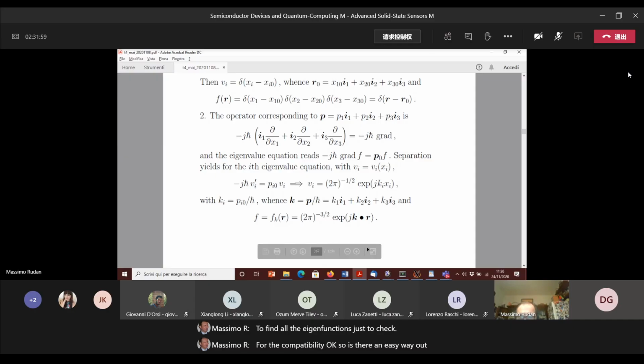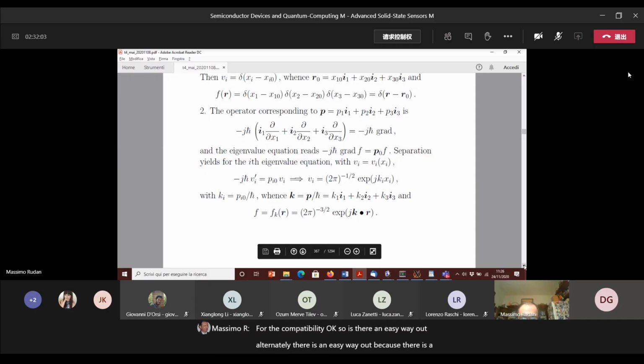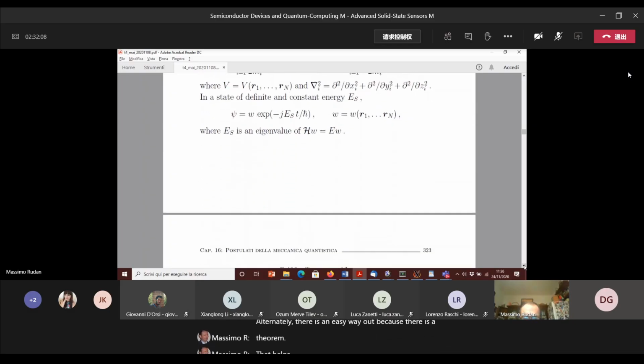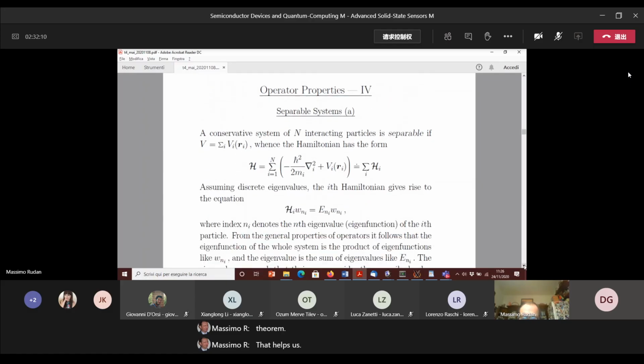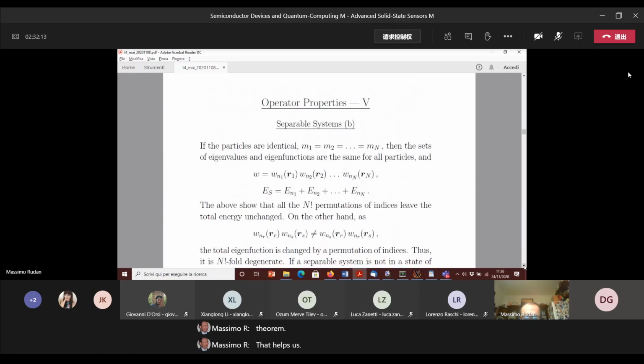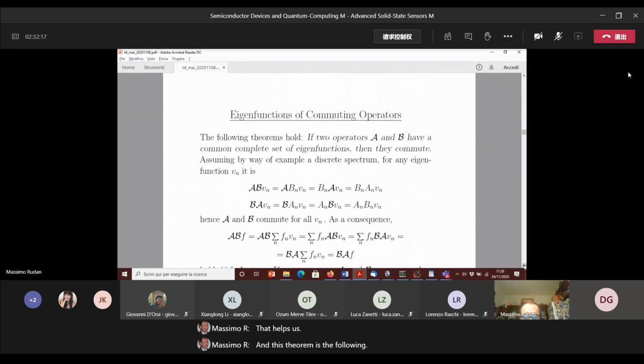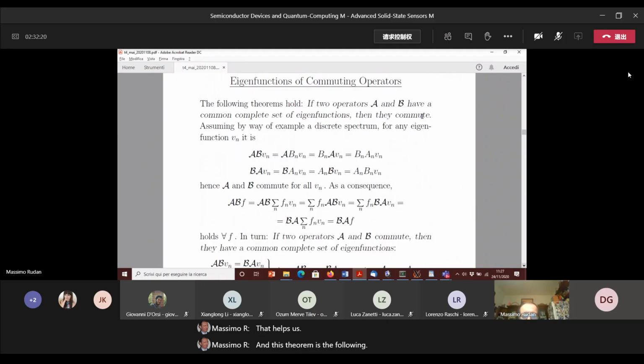Fortunately, there is an easy way out because there is a theorem that helps us. And the theorem is the following. If two operators, A and B, have a common complete set of eigenfunctions, then they commute. What is the meaning of commuting?